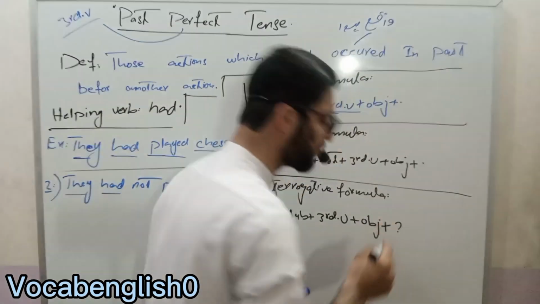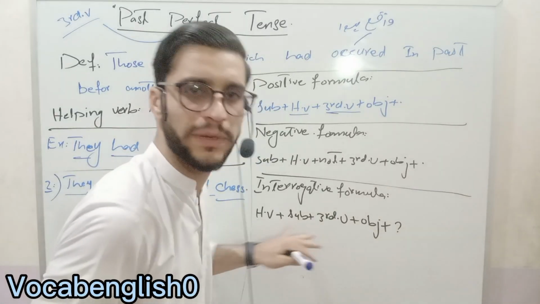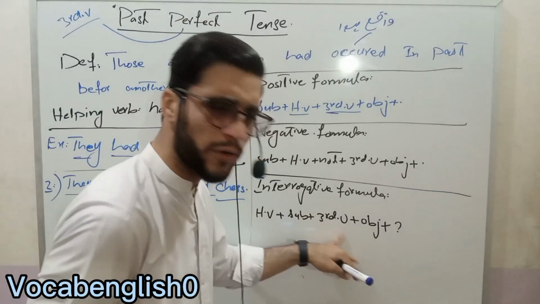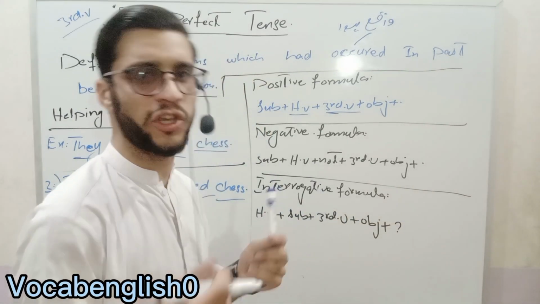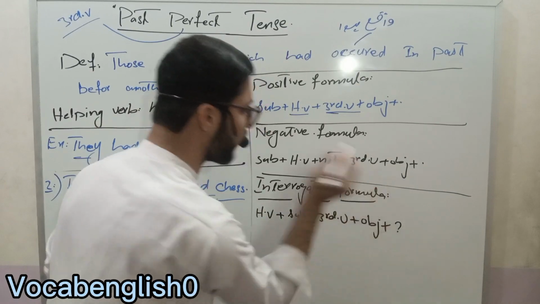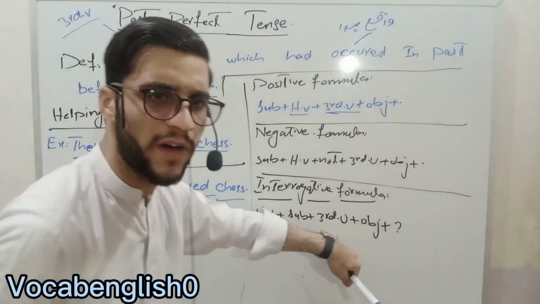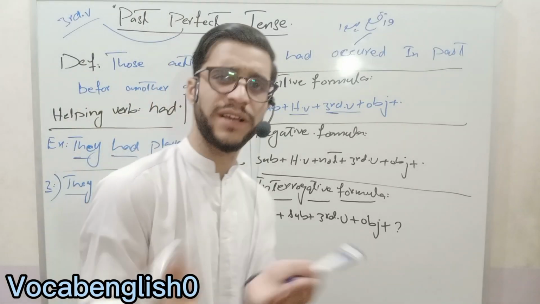The question mark will come. Why we are using question mark, you will know better than me, because it is the interrogative formula, and the same as a formula we are using in our sentence.